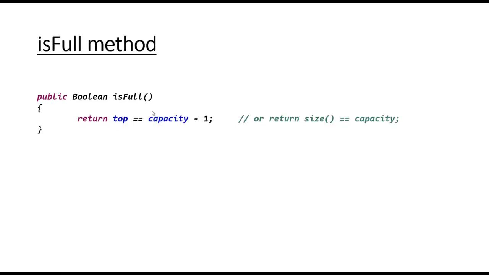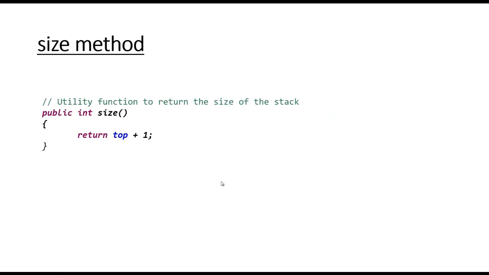Similarly, we have a method called isFull. If the top value is equal to capacity -1, it will say that the stack is full. Similarly, we have a method which will give the size of that stack. The size of the stack represents how many elements we have put into that stack. So this is top + 1.